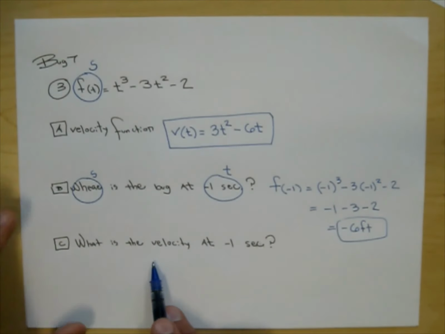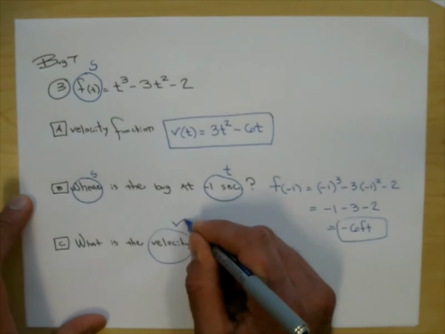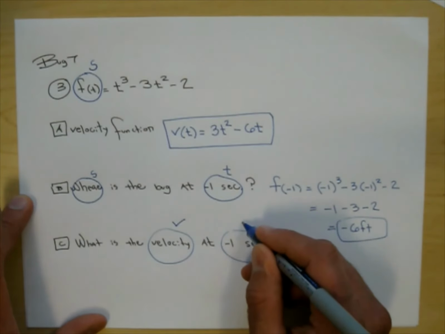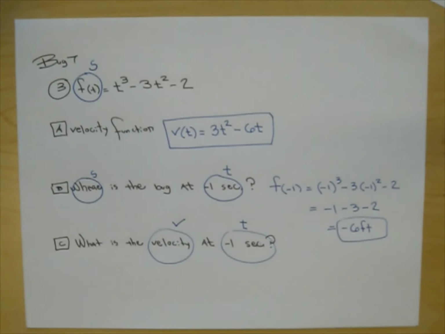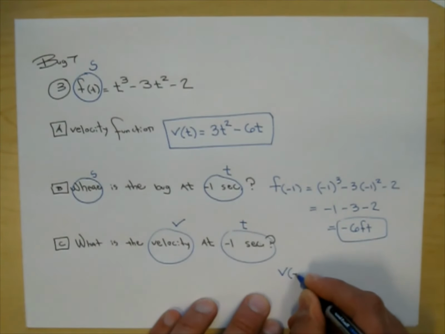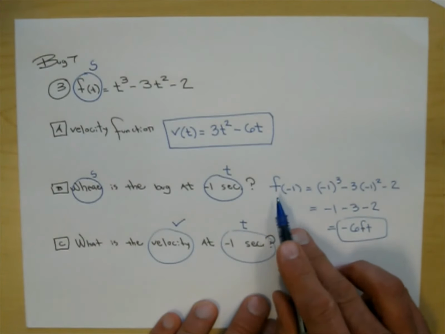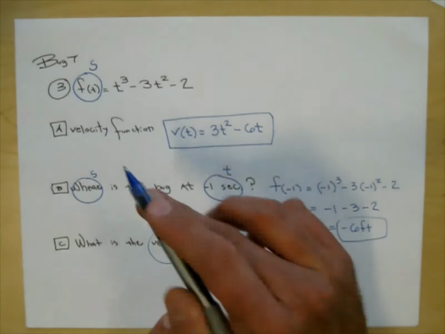What is the velocity at -1 second? So this obviously is v, and they give us the time, which is t. So part C, you're going v of -1, whereas in the last part we went s of -1 or f of -1, whatever you want to call that.